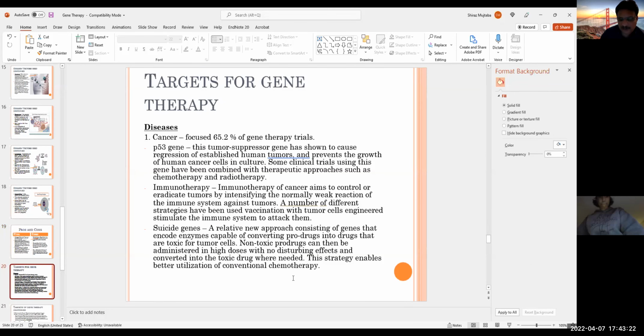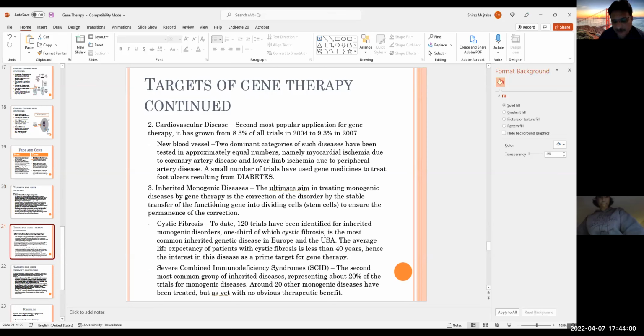So what are the diseases that can be targeted? Of course, cancer. One of the genes is P53, which is a tumor suppressor gene. It is mutated in at least, I think, 60 to 70% of patients. If we get a healthy P53 gene and insert it into the patient's tumor cells, then this normal P53 gene can direct the cells towards apoptosis and the killing of cancer cells.